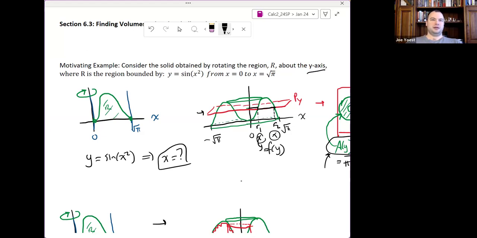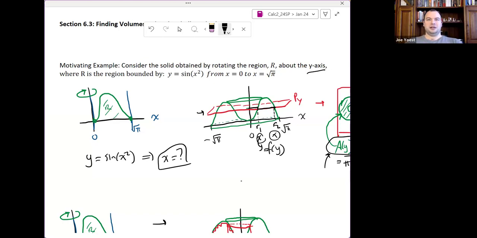We get an approximate solution in that discrete setting. I use 100 washers or 100 disks or 100 shells. That gives me an approximate solution. It gives me a volume that's approximately the volume of the solid because it's based on a solid that's approximately the shape of the solid.